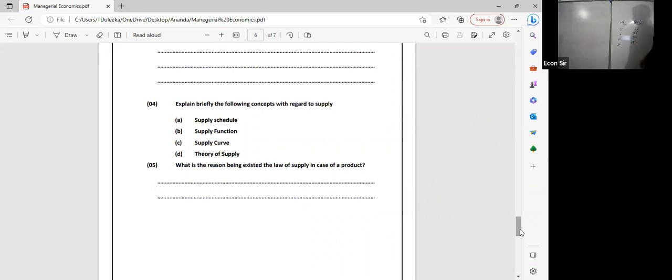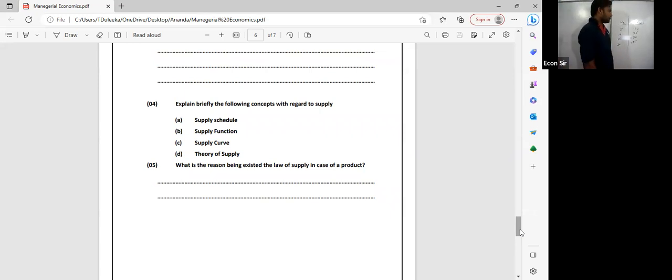This is the supply schedule. It shows the relationship between the price and the quantity supplied of such good. ලියාගන්න, supply schedule කියලා කියන්නේ මොකක්ද?